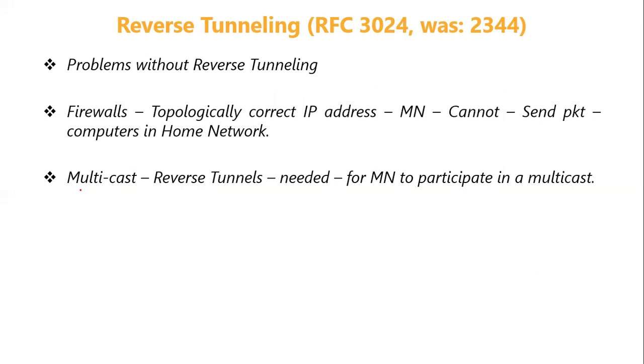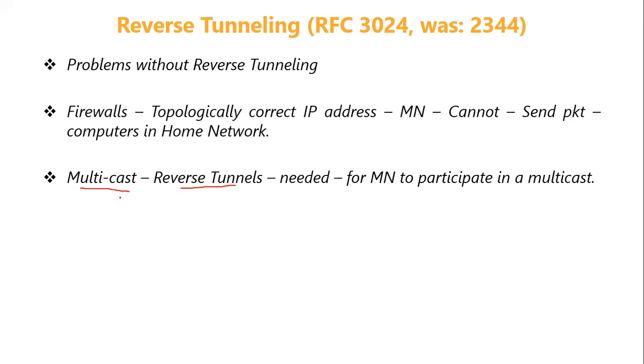So if it is not using a reverse tunnel, and if it wants to do multicasting by staying in the foreign network, that is not possible. So if the mobile node wants to do multicasting, then reverse tunneling is required. That is the second reason why reverse tunneling is required.